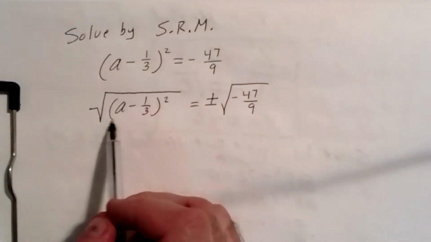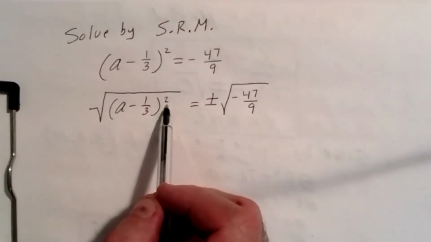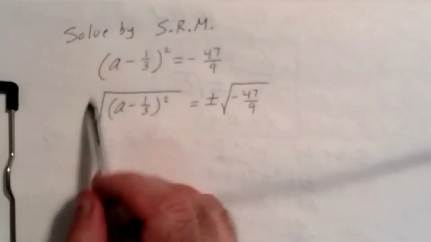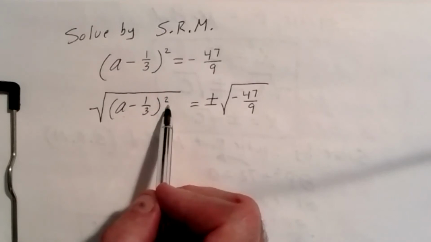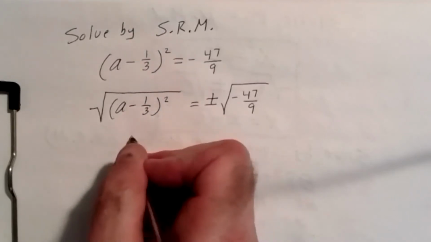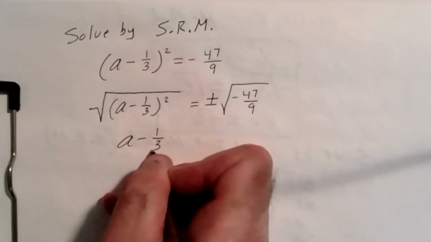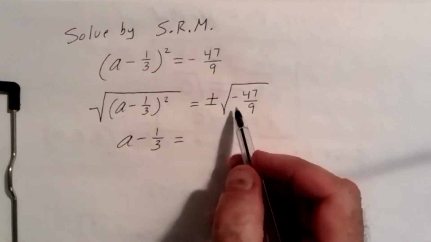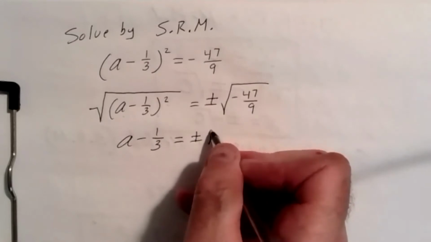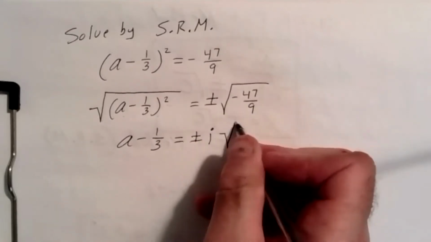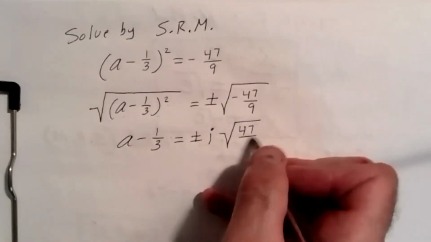Now, what's the square root of this quantity squared? What does the left side simplify to? Anybody? The square root of a minus 1/3 squared is going to be just a minus 1/3. The right side, we have the square root of a negative number, meaning we must bring i out: plus or minus i times the square root of positive 47 over 9.